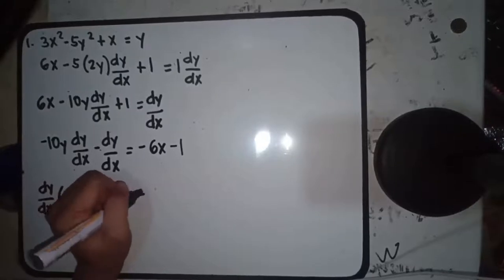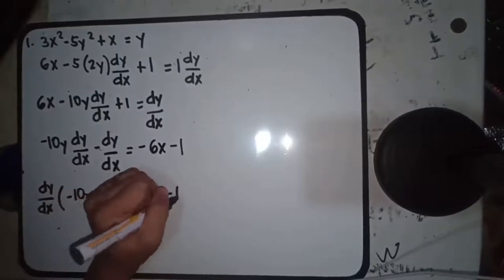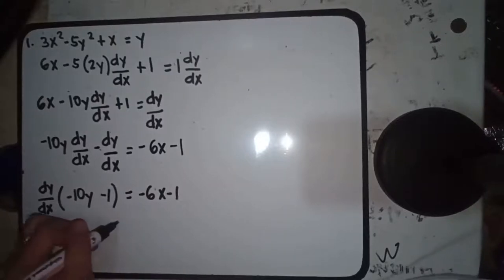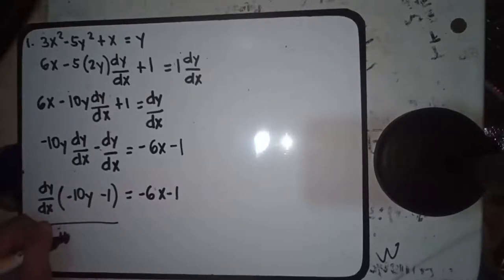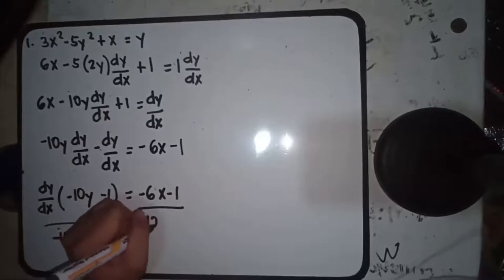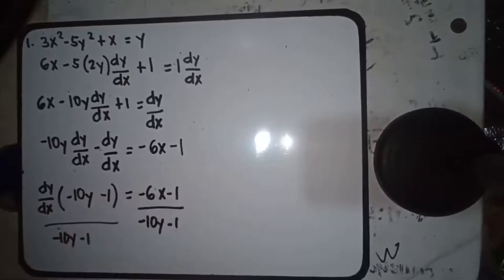Again, this is equals to negative 6x minus 1. Okay, para ma-isolate ang dy over dx, i-divide na to both sides by negative 10y minus 1. So we have negative 10y minus 1. Dari po, we have negative 10y minus 1.